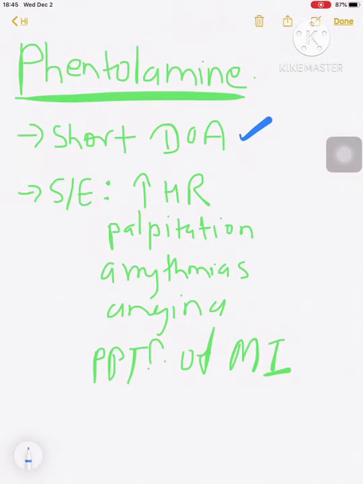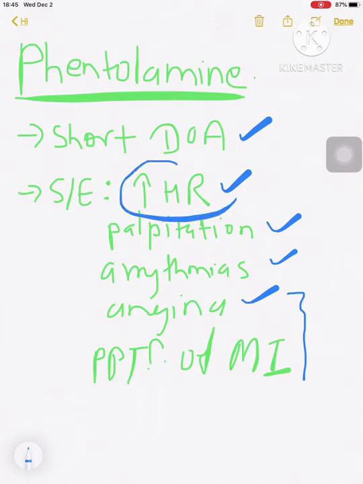So the side effects are kind of similar: tachycardia, palpitation, arrhythmia, angina, and these can even precipitate myocardial infarction. So how can these precipitate angina and arrhythmia? Remember, these are increasing the heart rate.